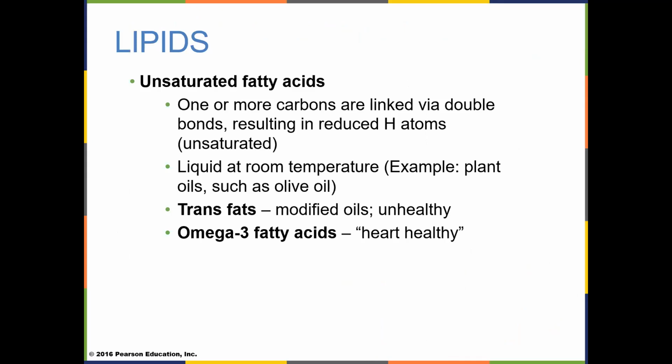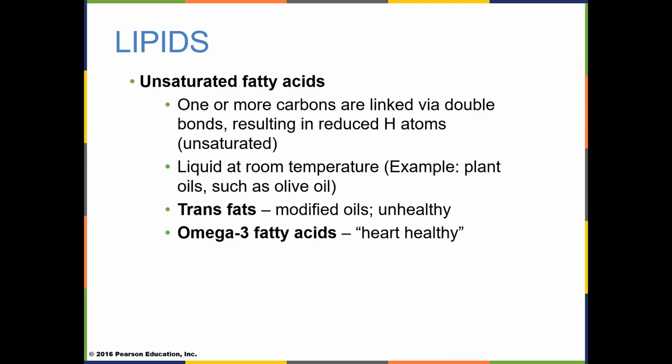Now, the unsaturated fatty acids tend to be better for us in our diet. The unsaturated fatty acids with that double bond in there, all the plant oils, olive oil, as I said, that's a good example. The unsaturated fatty acids contain what we call omega-3 fatty acids. These are the so-called heart-healthy fatty acids.